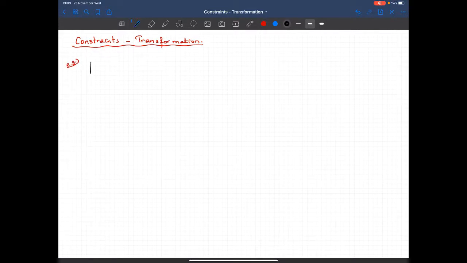Let's say that I have this cantilever and I'm dividing this cantilever into three pieces.